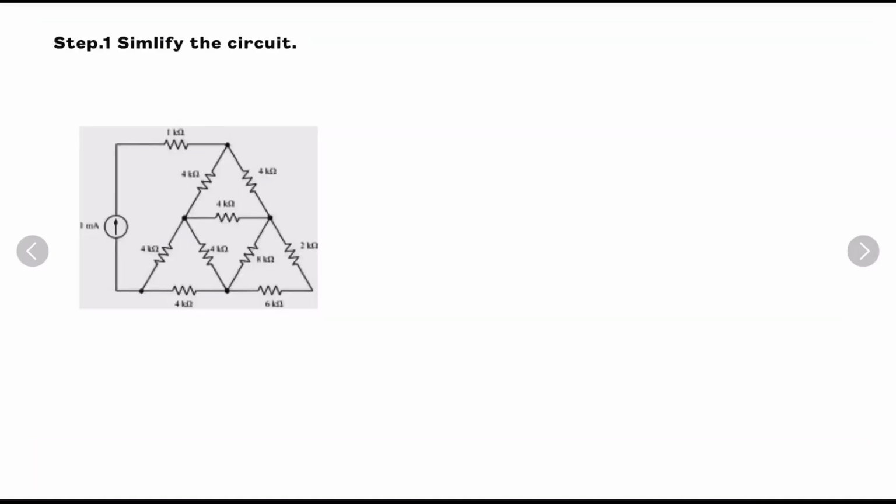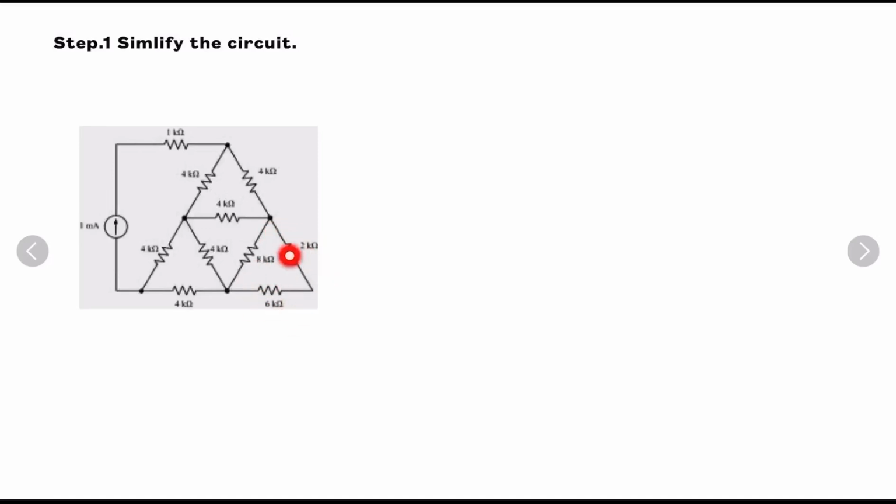Step number 1, it says simplify the circuit. So before jumping to the complicated calculation, we will try to see if there is any possibility of series and parallel combination, so that we can simplify the circuit and then we will move for star delta or delta star conversion. If you observe properly, there are two branches.